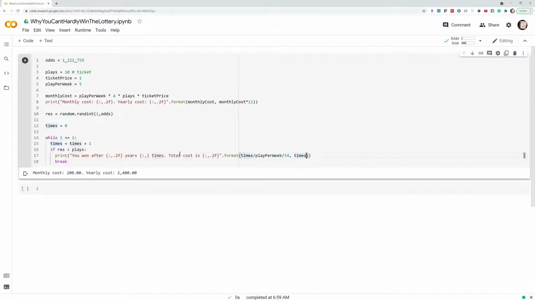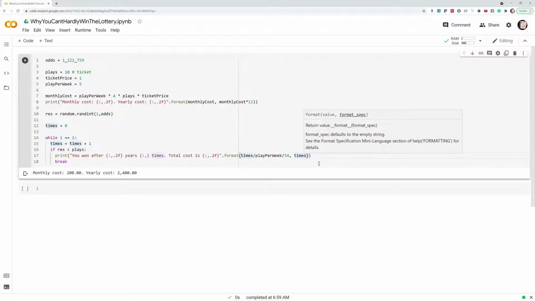Okay, the total cost. So as you can see, the variables correspond to the variables I decided in this text. The first one corresponds to the first, the second one corresponds to the second, and the third corresponds to the third. So the third variable.